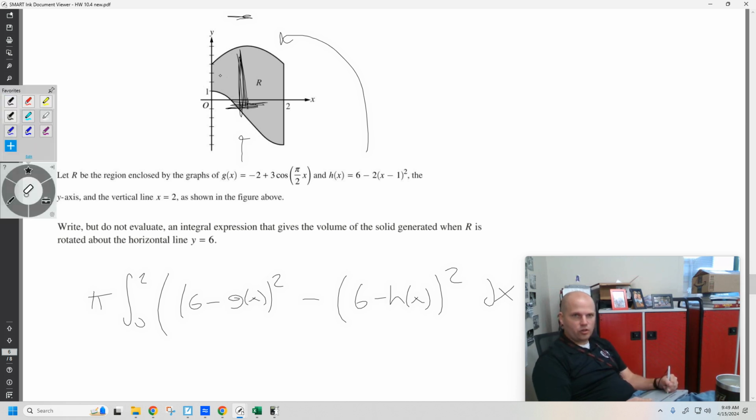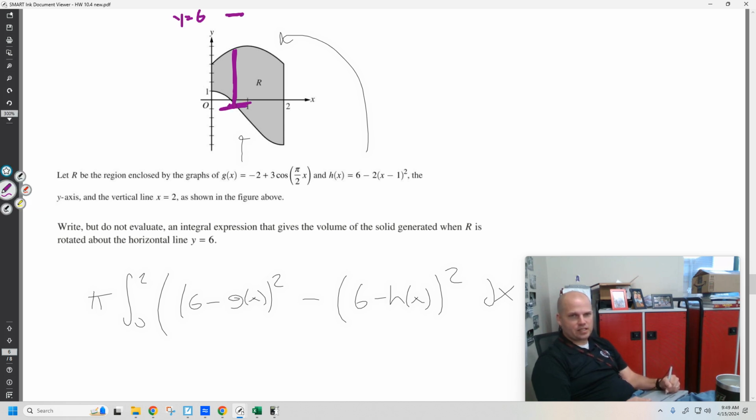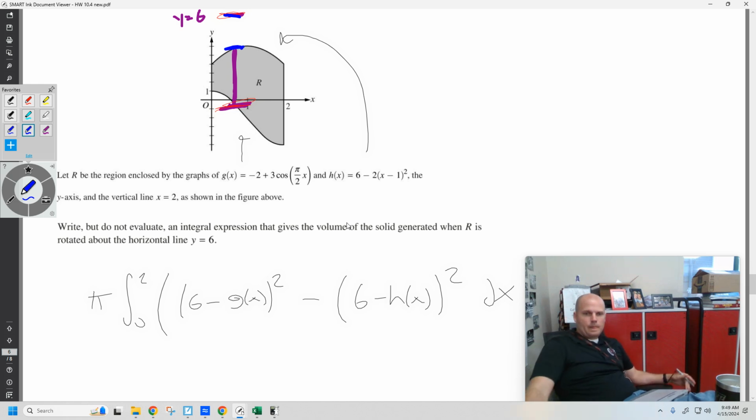Let me just show you the idea, the simple idea, which I don't recommend unless you know what you're doing. There's my rectangle spun around this y equals 6 axis, creates this outer radius and this inner radius. 6 minus g, 6 minus h.